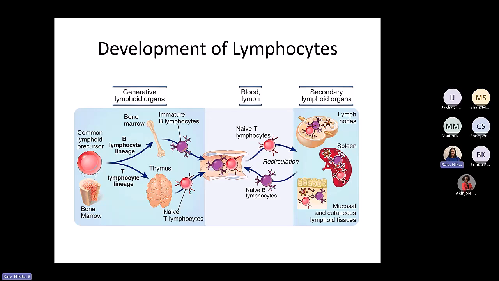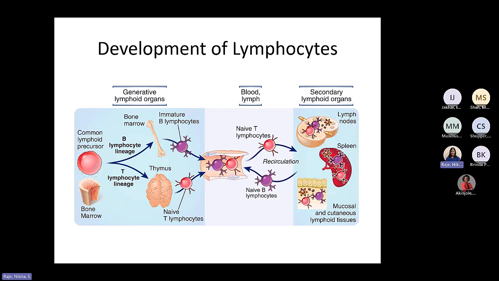And then once they undergo their function, the ones that are left behind and keep the memory of that infection are called memory lymphocytes. So keep in mind those four stages of the life cycle of a lymphocyte for both B and T cells, but there are several differences, and those are important differences to remember.